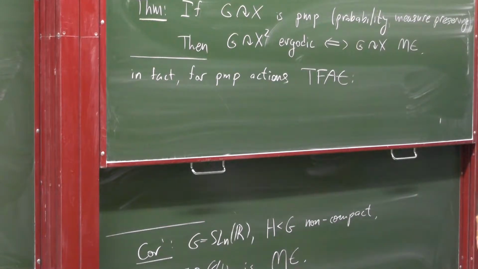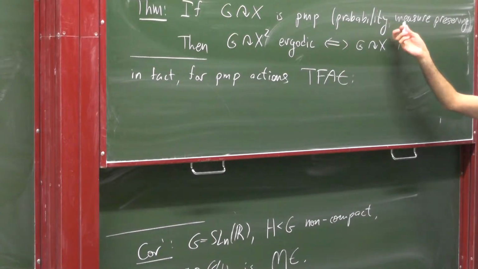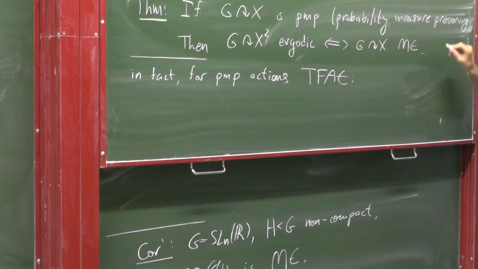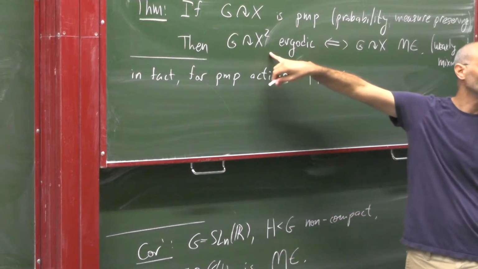In my notes I have 6 equivalent definitions of this property, metric ergodicity, in the PMP world that is called weakly mixing. So either of these equivalent definitions, and most of the time this one.